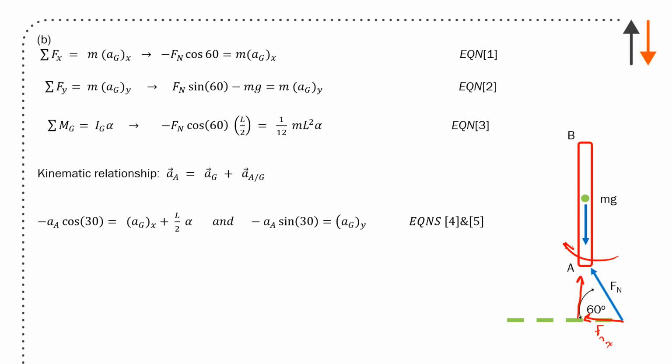The rod is expected to slide down the ramp, so cos 30 and sine 30 in the y and x directions, and you have this solved through. So that's everything there, and you just recognize L over 2 alpha for that rotation. And acceleration of A here is just referencing the magnitude of acceleration of A.